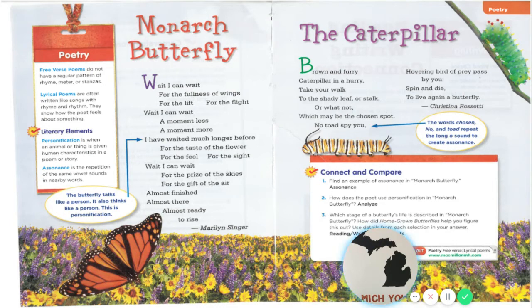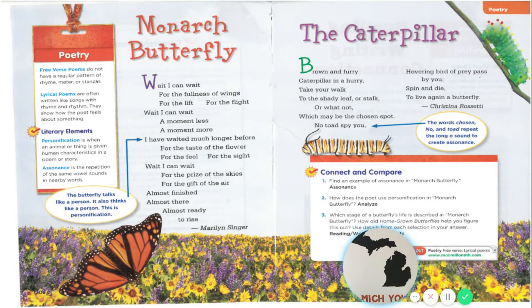Lyrical poems are usually written like songs, like the lyrics of a song. They have some rhyme and rhythm, and you'll see a lot of repeating sometimes, just like you would repeat the chorus of a song. They kind of have a feeling or a beat to them too.